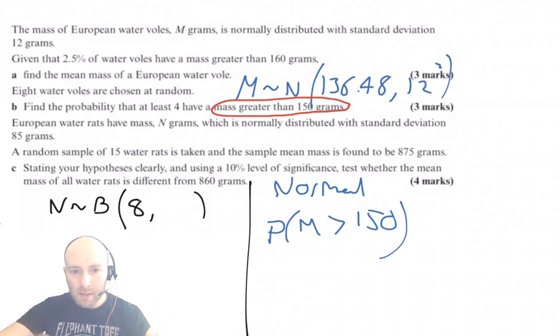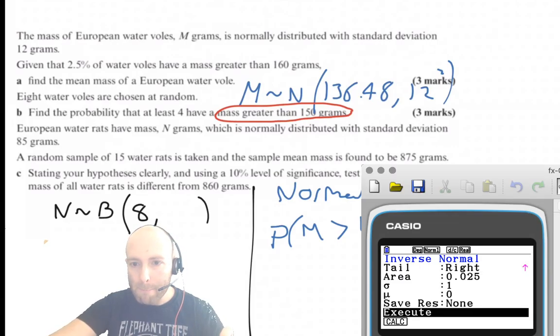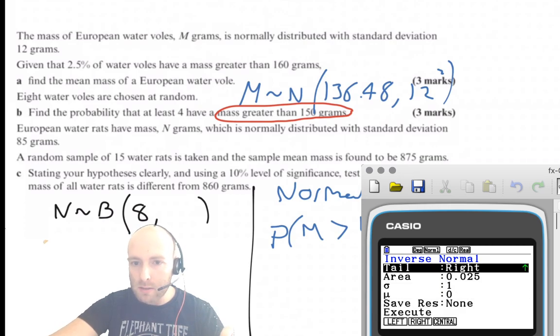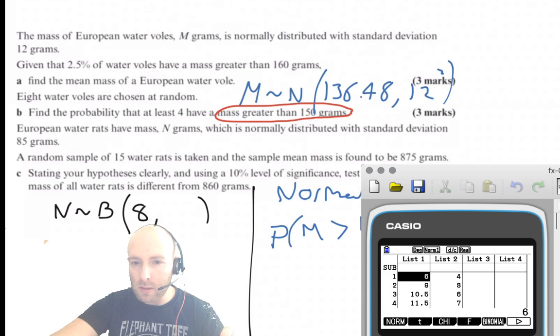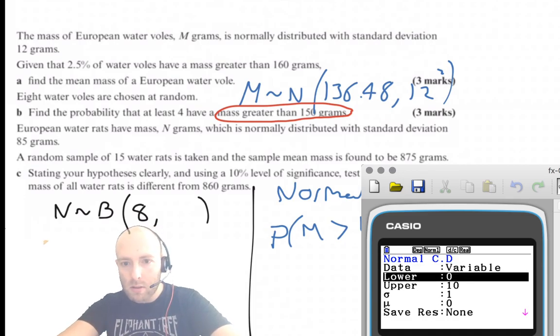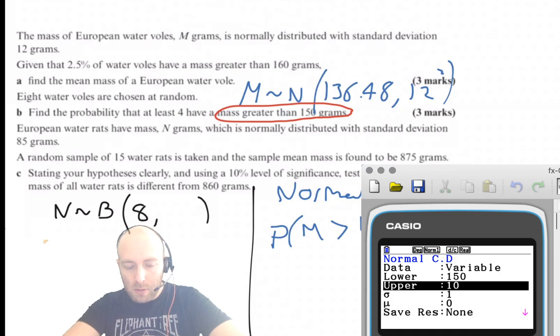So if I bring back the calculator, we're going to put in standard distribution, so we're not using our inverse this time. So the lower value is 150. The upper value, let's just put in a big number.